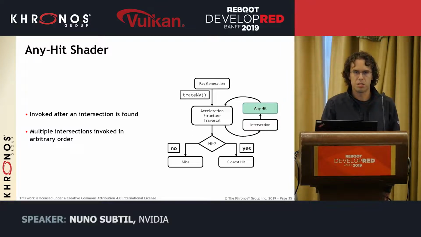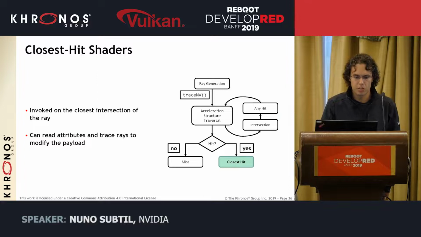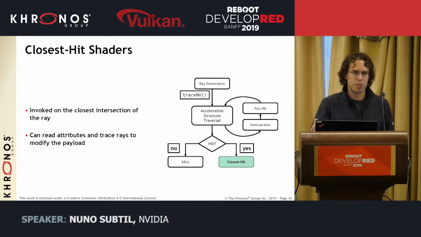So there are no constraints on how the implementation will call your any hit shader, but it will be called for every intersection that is found along the path of the ray. Then we have closest hit shaders, which are called just for the closest intersection along the path of the ray. Both of these shader stages can read attributes and trace rays to modify the payload. Right? So you can spawn rays from any of the hit stages, and you get access to the ray payload as well.